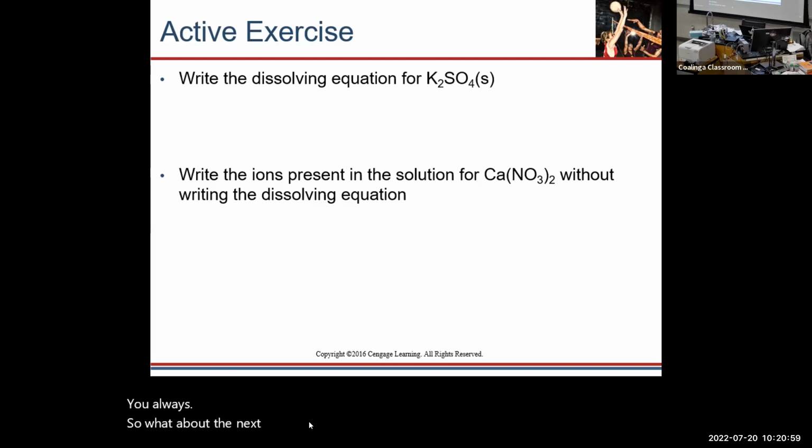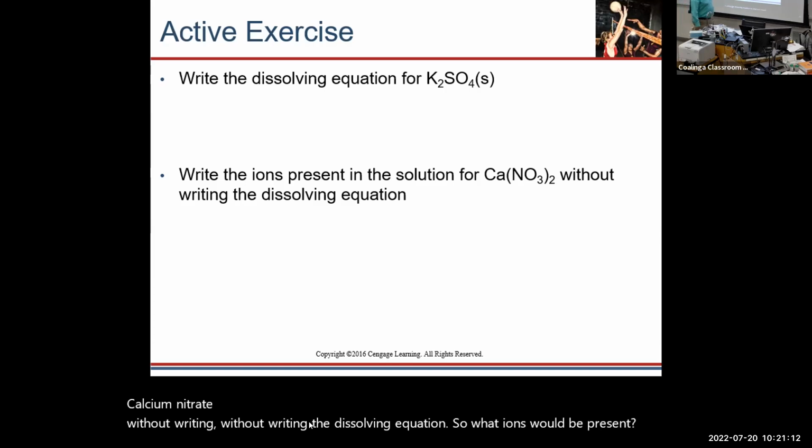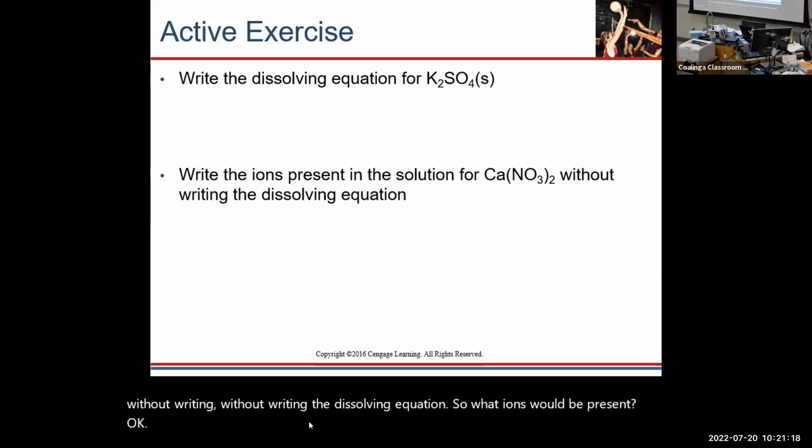It says write the ions present in the solution for calcium nitrate without writing the dissolving equation. So what ions would be present? Okay, so calcium, how would I write that? It has a positive charge, 2+, right?